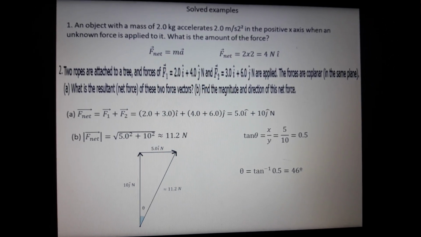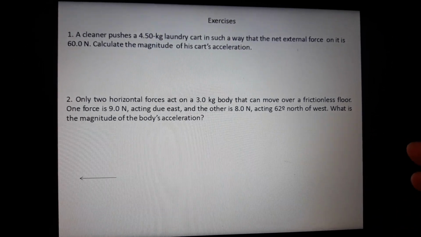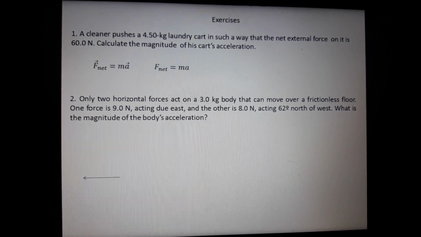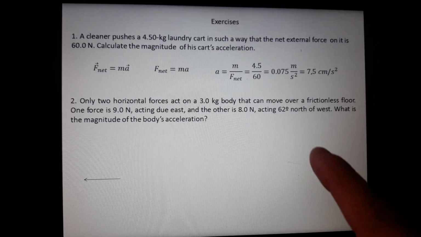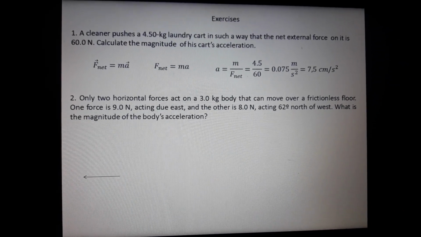Let's do some exercises. Now you can stop and I will solve it. We have just mass multiplied by acceleration, and we will find this acceleration.